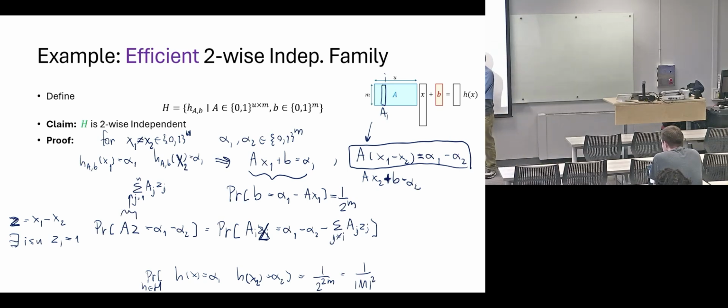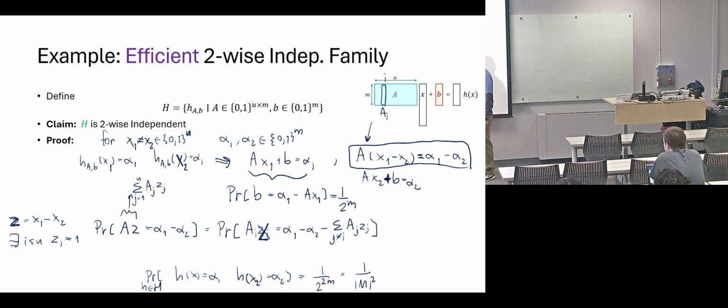What is this now? It's the probability that A_i, which is one column of A, agrees with this vector, and this vector is independent from A_i, since it depends on all other entries of A, not at column i. With me?